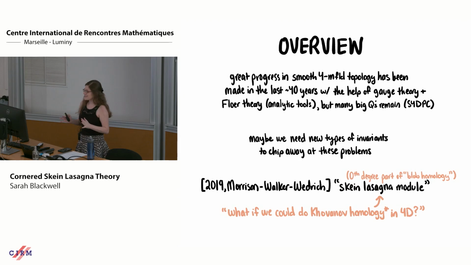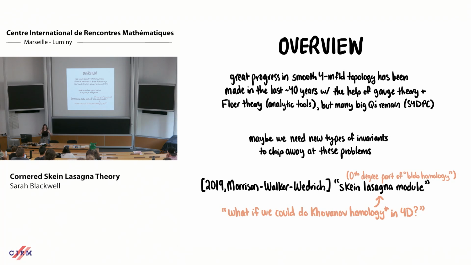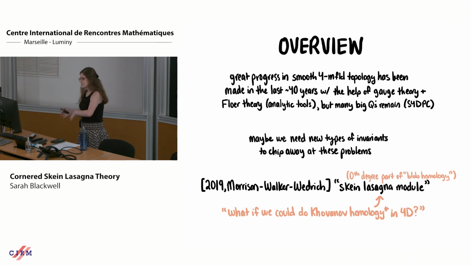But the idea behind this is basically, what if we could do Khovanov homology in 4D? Probably we all know in this room, Khovanov homology has been a very successful way of doing things with knots in three dimensions. What if we could extend this framework to the fourth dimension?